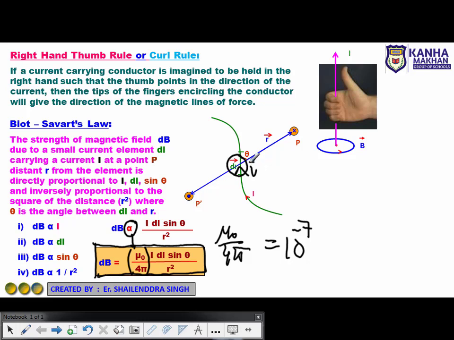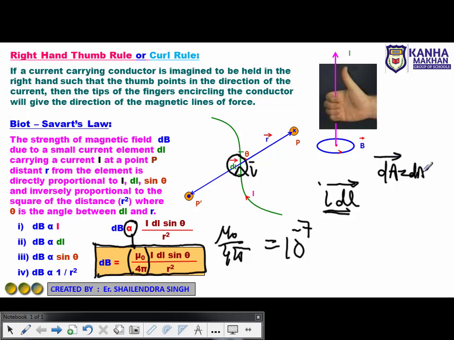Just keep in mind, current is a scalar quantity, but here I and dl are treated as a vector. For solving the problem of the vector, we will consider a new current element, like in Gauss theorem. You know very well, area was a scalar quantity, but in Gauss we were considering a small area vector. Why are we choosing it like that?